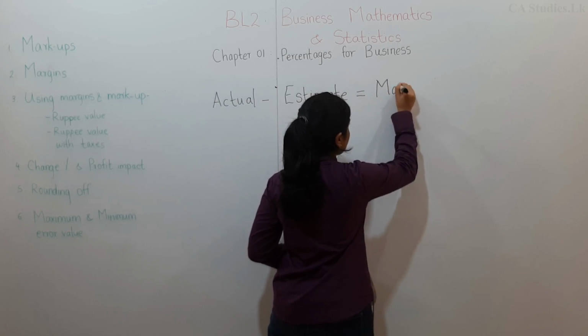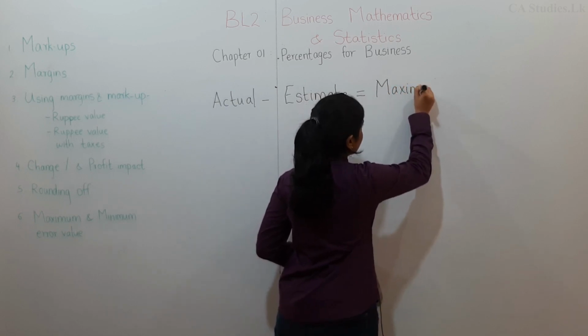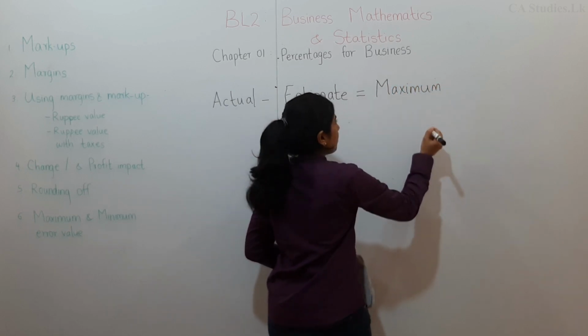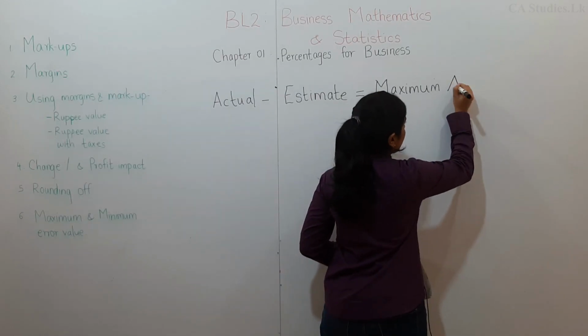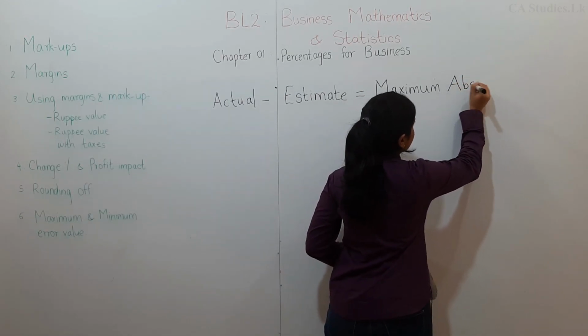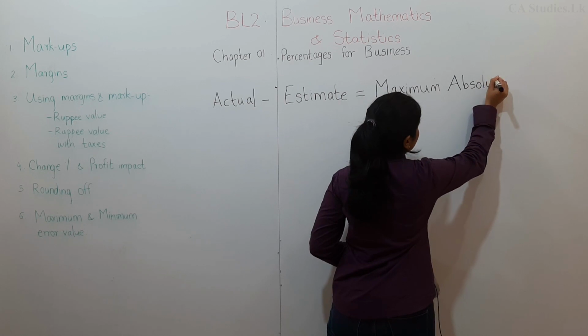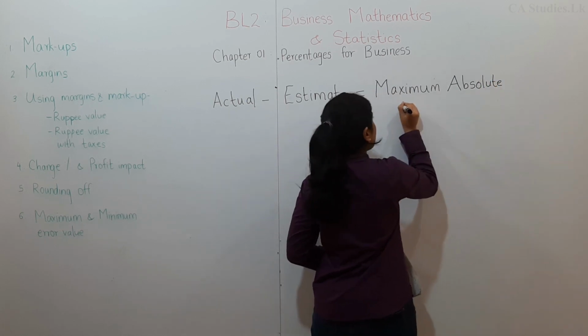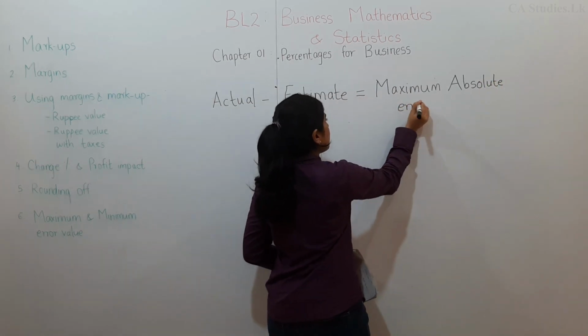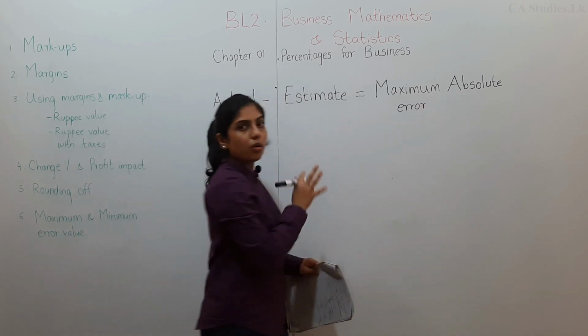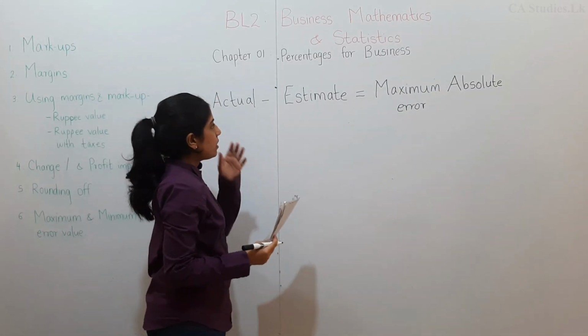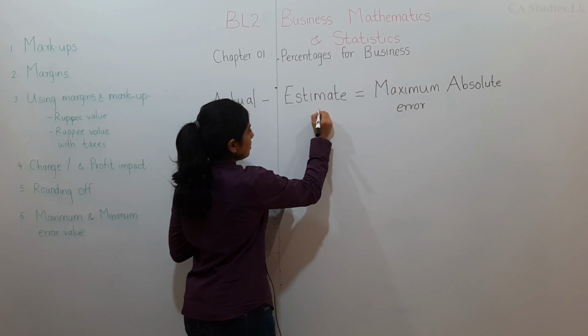We call it the maximum absolute error. So remember this formula.